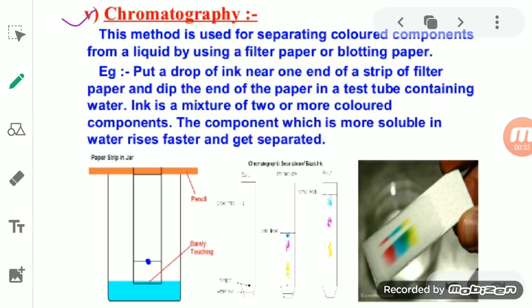This method is used for separating colored components from a liquid by using a filter paper, or we can say a blotting paper.